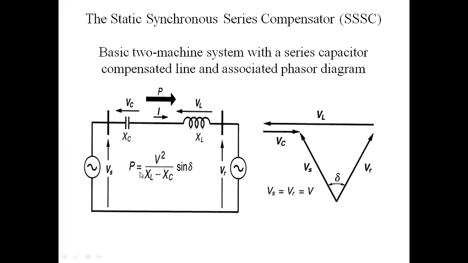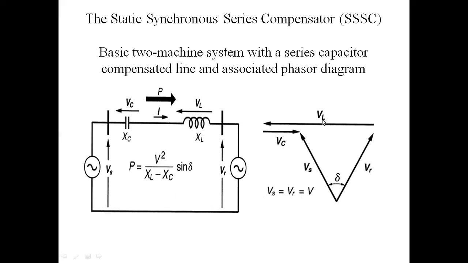Next, the power formula: P equals V square by (XL minus XC) into sine delta, where the sending end voltage equals the receiving end voltage equals V. XL means inductive reactance minus capacitive reactance. Delta is the angle between the sending end voltage and the receiving end voltage.